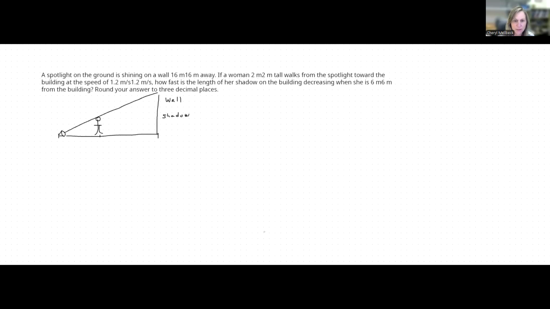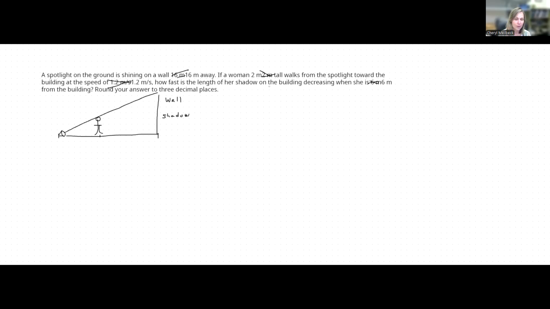If a woman 2 meters tall, very tall woman, walks from the spotlight toward the building at a speed of 1.2 meters per second, how fast is the length of her shadow on the building decreasing when she is 6 meters from the building? Round your answer to 3 decimal places.